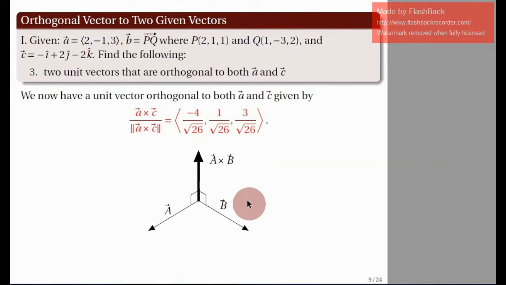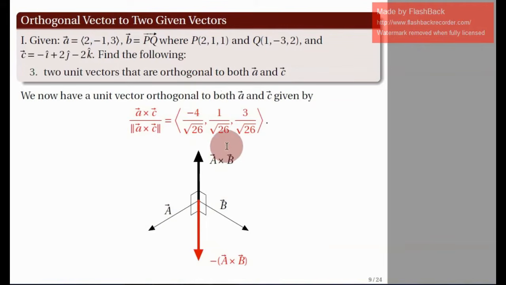We can find another vector that is orthogonal to both given vectors by just getting the vector in the opposite direction of our cross product. And recall, to make it in the opposite direction, we just need to multiply a negative sign to our vector. So in this case, the cross product between vector A and vector C is facing upwards.